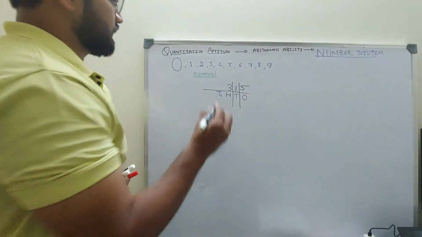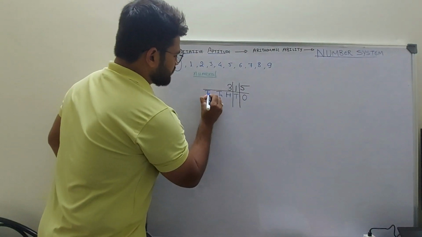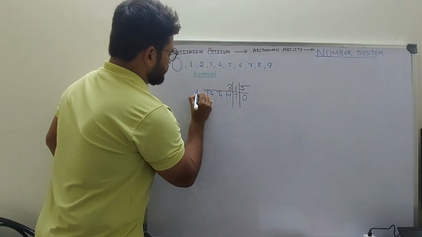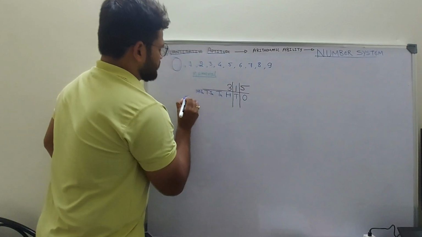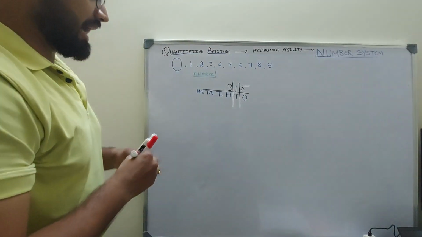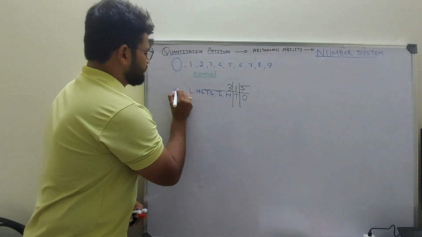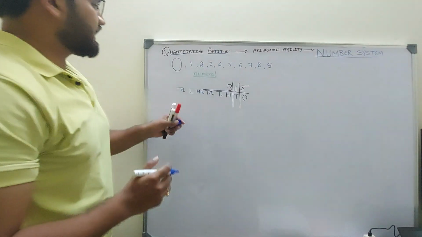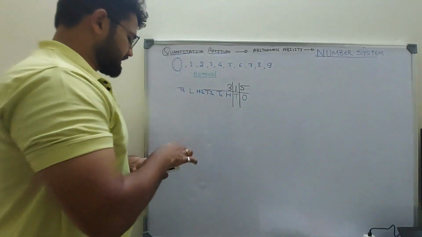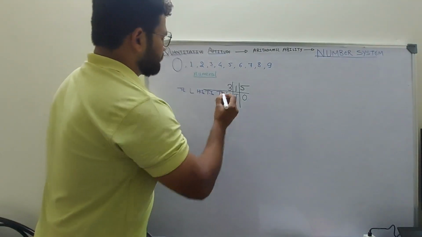If we go a bit further, after 10,000 we have 100,000s, then we have lakhs, 10 lakhs, and so on. Here 10 lakhs is nothing but 1 million also, you can say. So I will fill up this number.